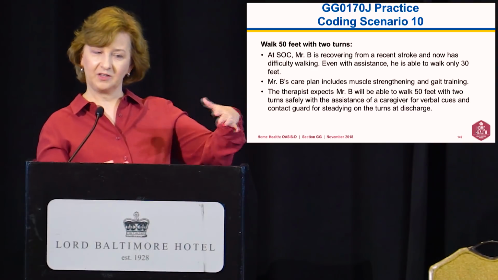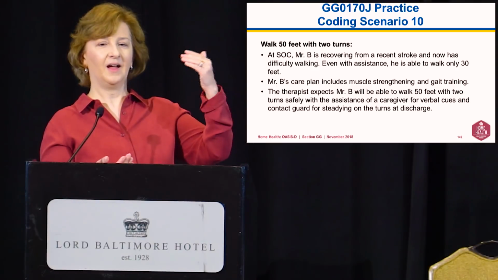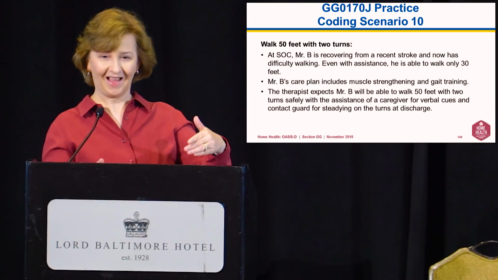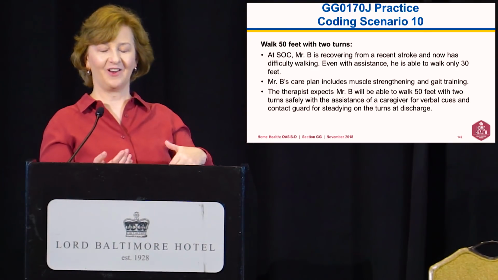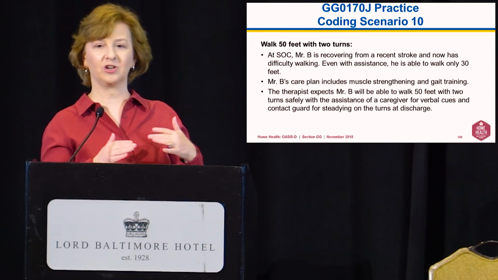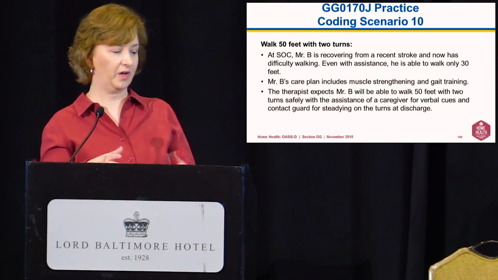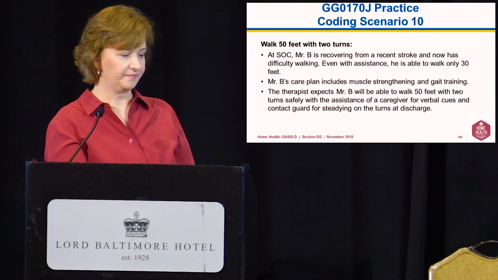So he's not going to be independent. He's not going to be able to perform it by himself. Is it more than setup? Yes. The next level down on the decision tree was supervision assistance, which included being there and providing instructions, verbal cueing, or contact guard.